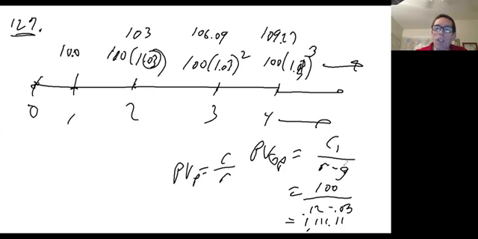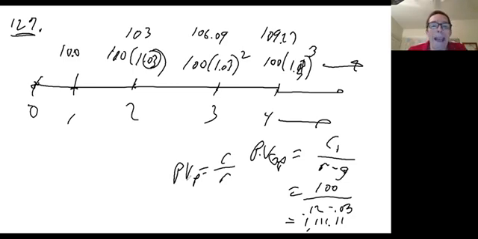When the growth rate is 0, the present value of a growing perpetuity is the cash flow, which is the same every single time, divided by the discount rate minus 0, which is just divided by the discount rate. So our formula for the present value of a perpetuity is the same thing as our formula for the present value of a growing perpetuity, where the growth rate is 0.